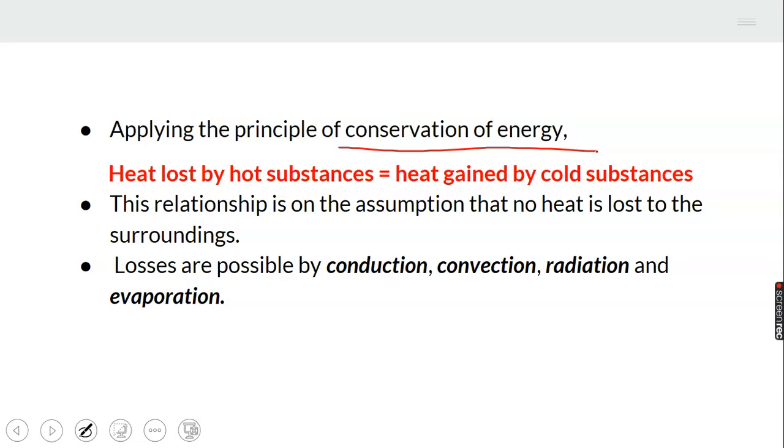In this wise, you can say that heat energy cannot be lost under normal condition, but it can be transferred from hot substance to cold substance and vice versa. So that means, as I highlighted in red color, a very key point: heat lost by hot substances is always equal to heat gained by cold substances.